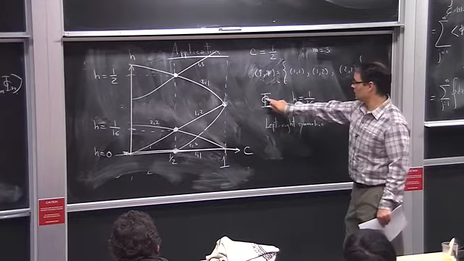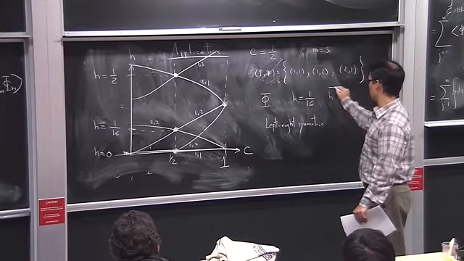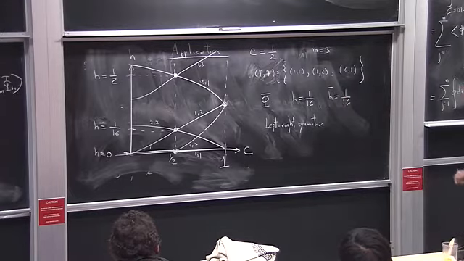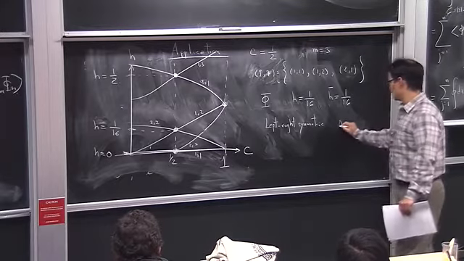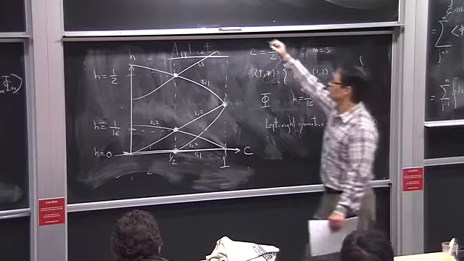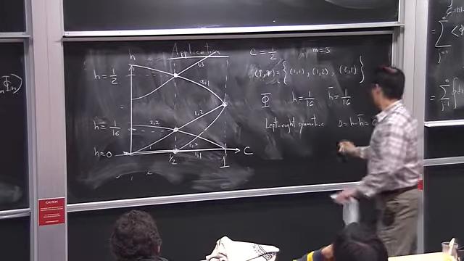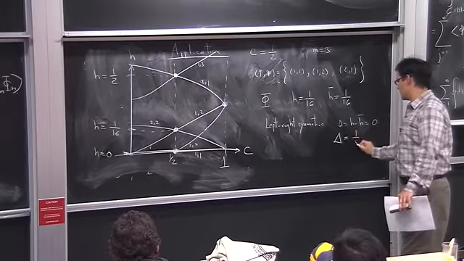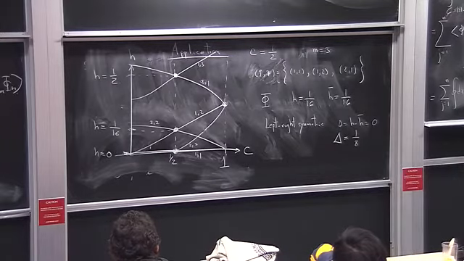So this field will also have h bar equal to 1/16. So it's a field of zero spin. Remember, the spin was h minus h bar, so in this case it's 0. And it has delta equal to an 8th.